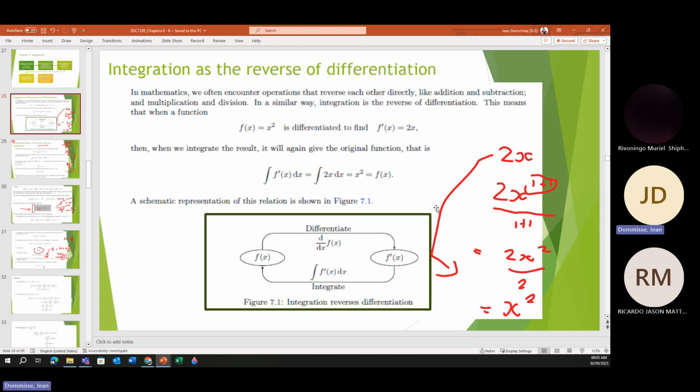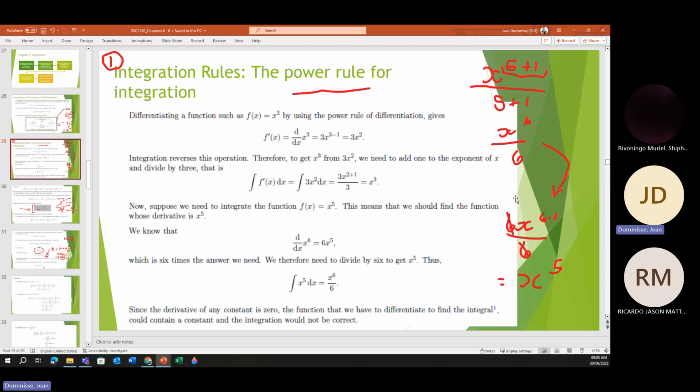So basically, again, when we differentiate, there's certain rules that we need to adhere to. So like in differentiation, with integration, we've got the power rule.